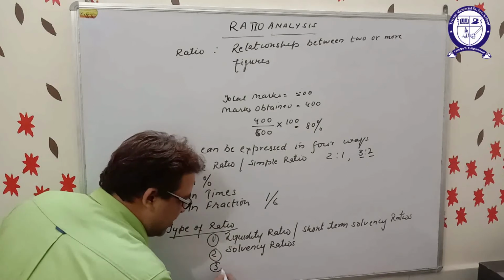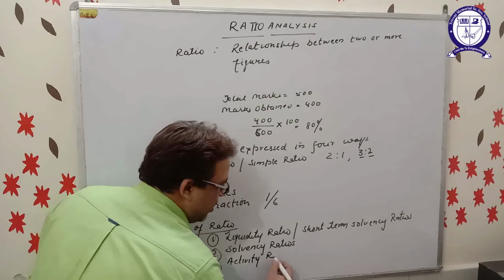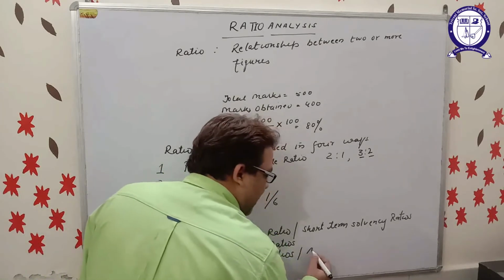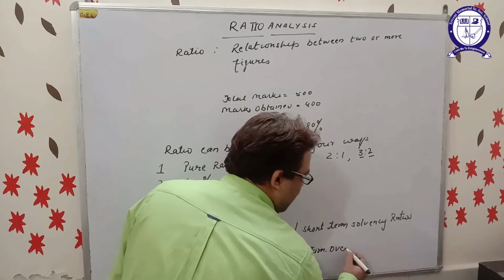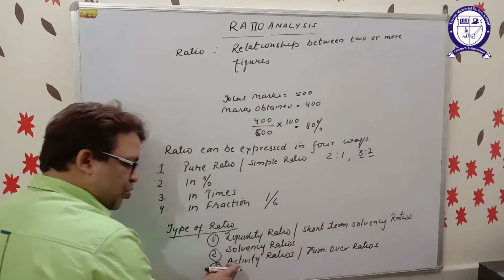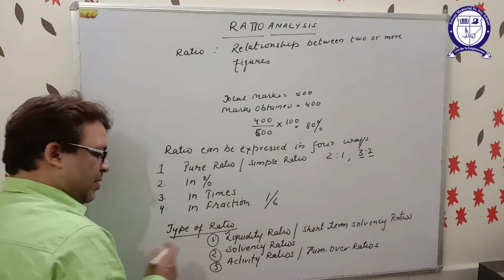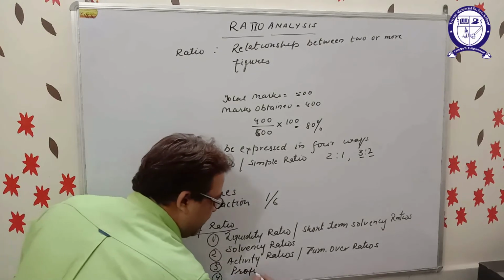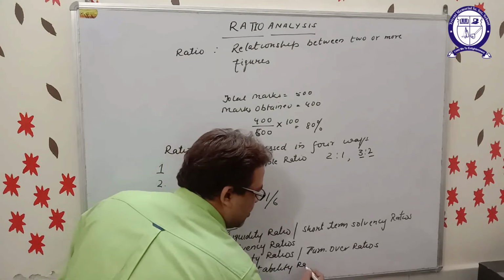Third is activity ratios, also known as turnover ratios. These ratios are used to check the working of the management. Fourth, profitability ratios.